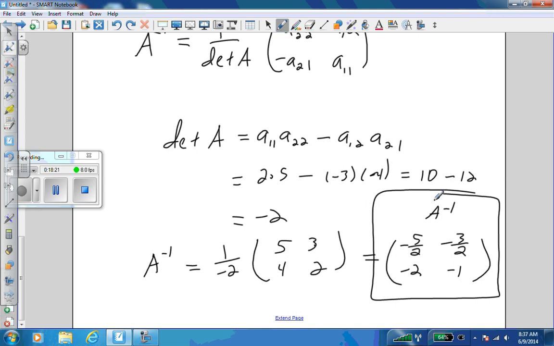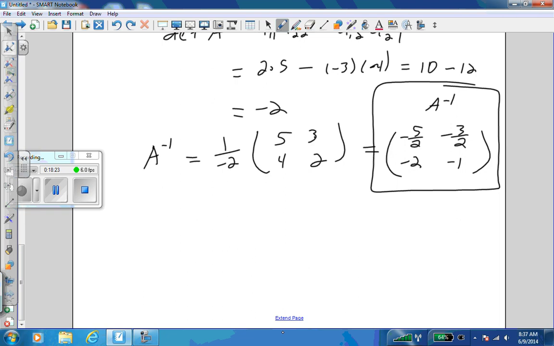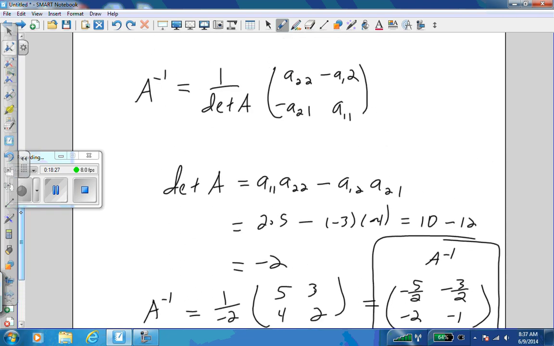Now that works for a 2 by 2 matrix, but if you get larger than a 2 by 2, then you run into trouble. But one thing that we can apply to other size matrices is, notice that if the determinant of A equals 0, this is undefined.